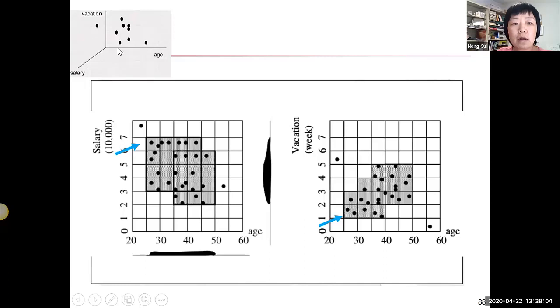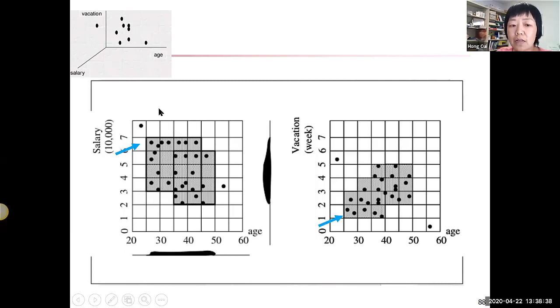Okay, so this is my example. Let's see, we have three-dimensional space data: age, vacation, and salary. Those data are distributed in the space like this. If we project those data into two-dimensional space, this one only has age and salary. If we shoot a light from top down, we will see the shadows of those points on this two-dimensional space, and that's going to look like this.